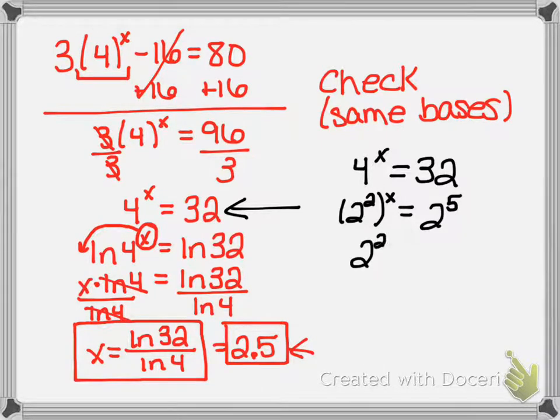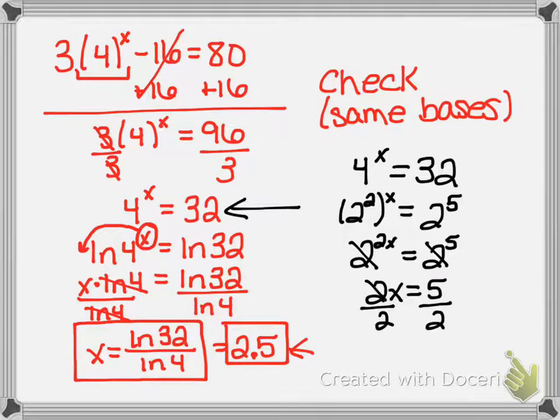And so the left side would have been 2 to the power of 2x. It's equal to 2 to the power of 5, and so now we're able to drop our bases. And we have 2x is equal to 5. And when we divide by 2, sure enough, we get 5/2, which is 2.5. And so we can tell that we did this correctly.